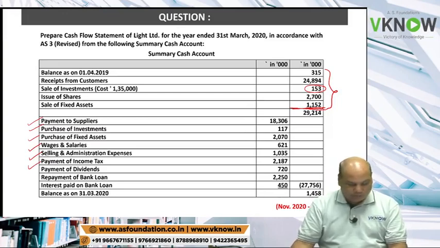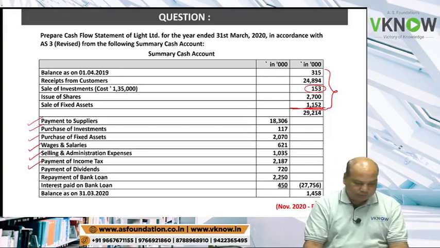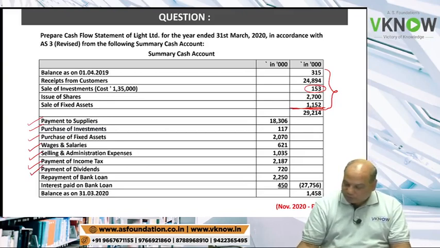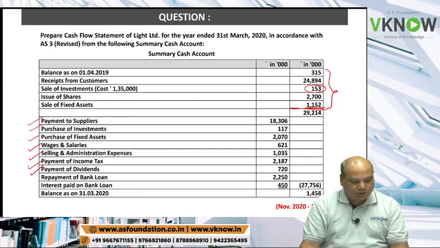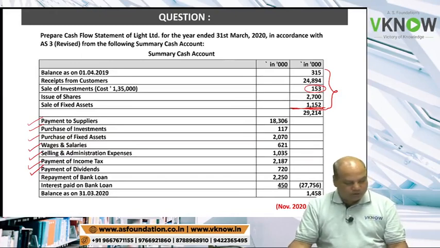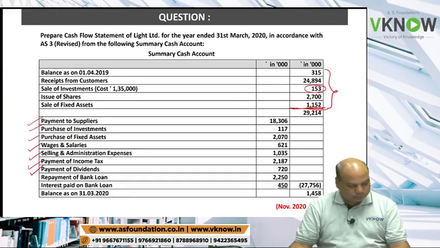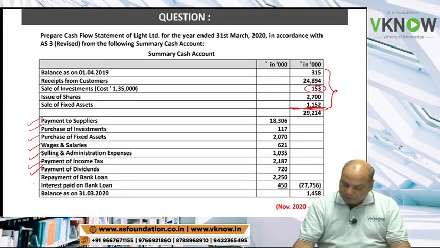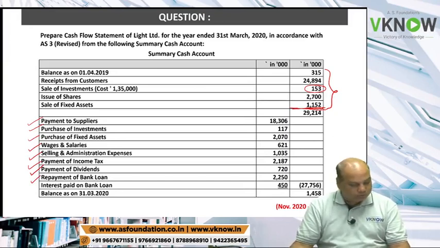Payment of income tax 2187. Payment of dividend 720. Repayment of bank loan 2250.